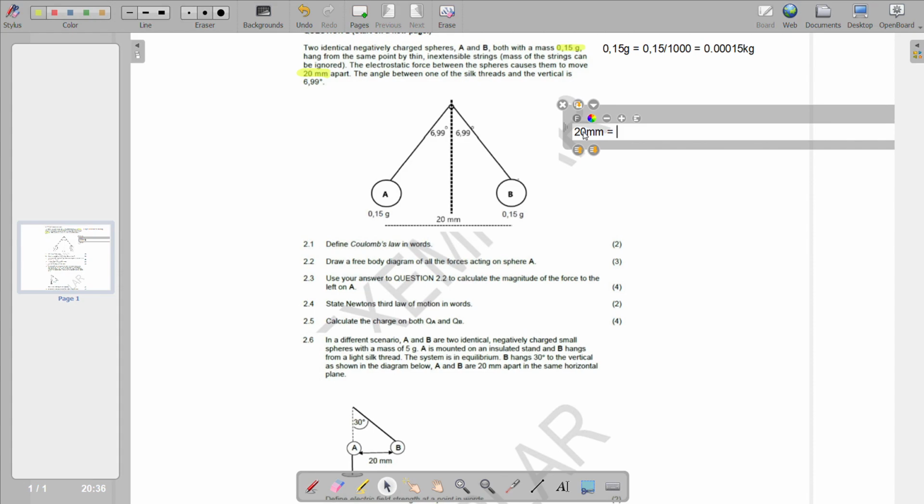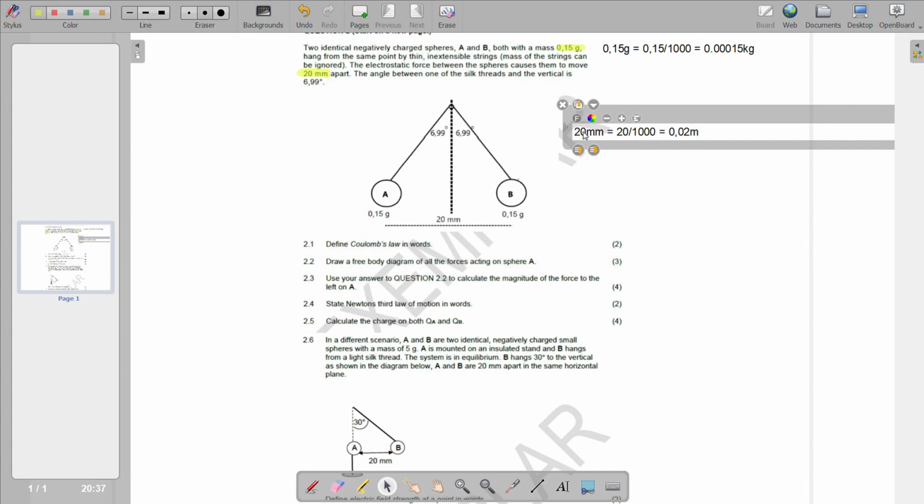Then we divide again by 1,000, which is equal to 0,02 meters.